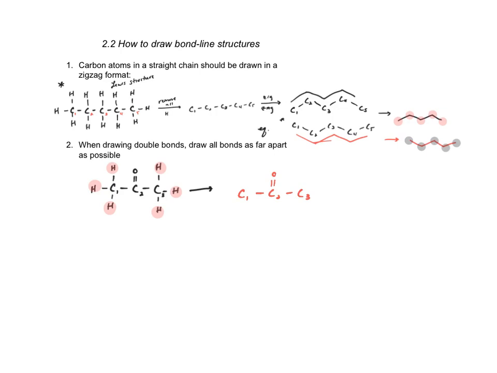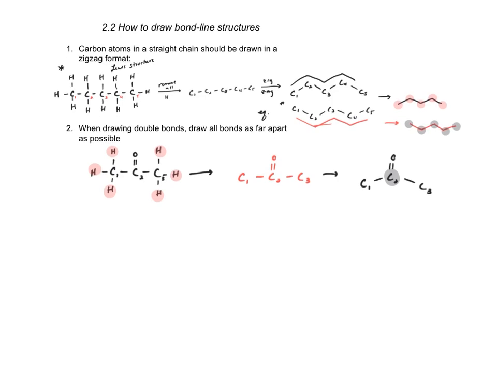I'll start with carbon 1 down, carbon 2, and carbon 3, and then I'm going to keep my double bond here. This is the point, where we want to make sure that we have all of these bonds as far apart as possible. This carbon that has the double bond to oxygen is sp2 hybridized.